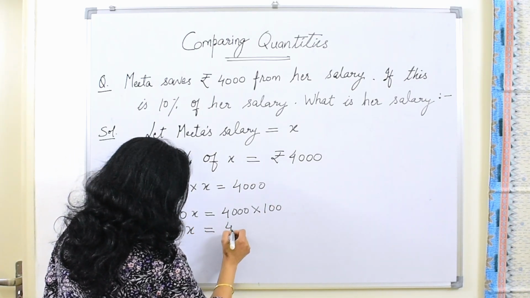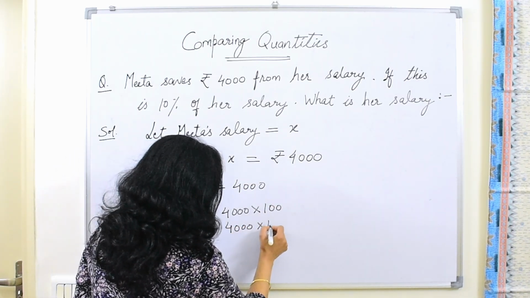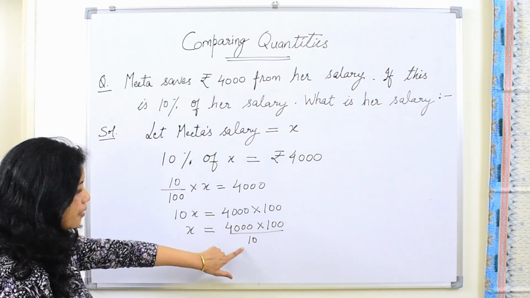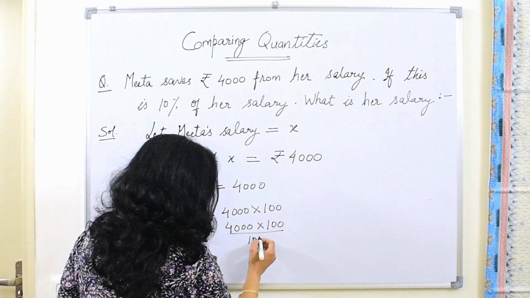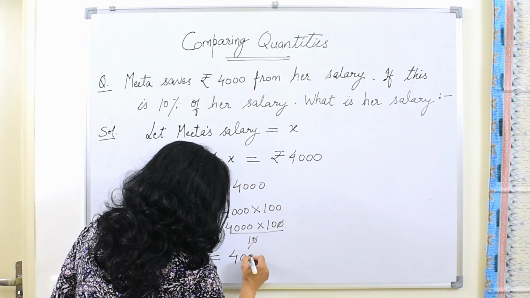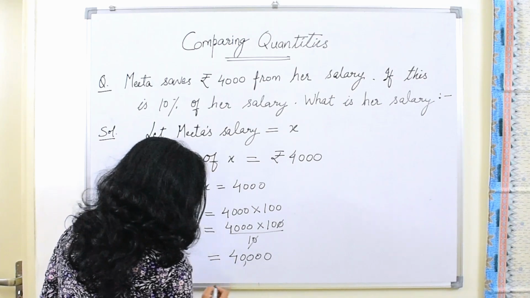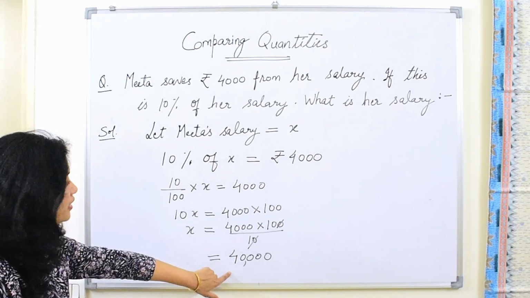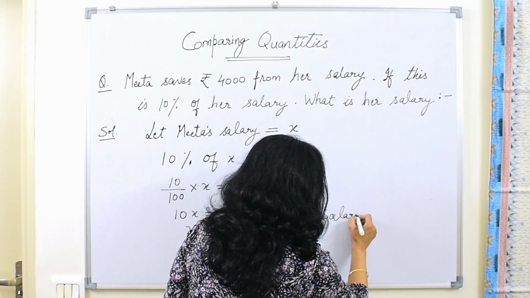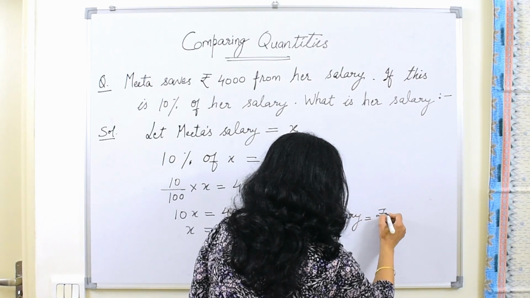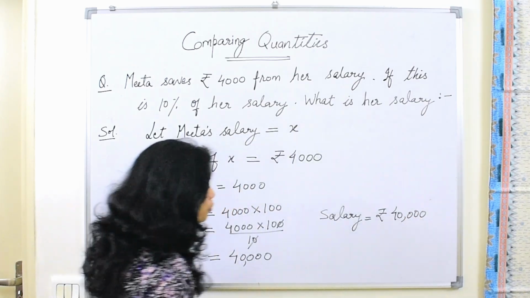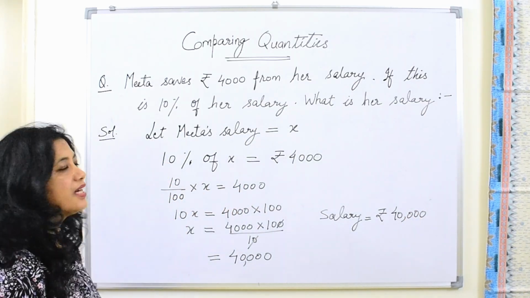X is that divided by 10. This 10 will come in the division form here. Now we cut the zeros. We get 4. So X is equal to 40,000, which means her total salary is rupees 40,000. So rupees 40,000 is Meeta's salary.